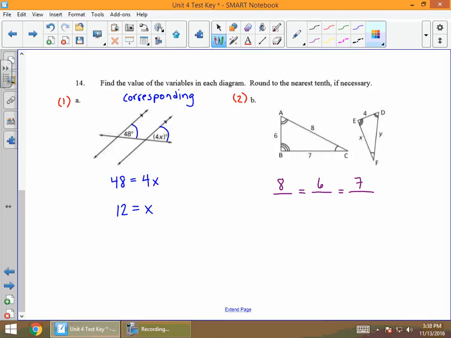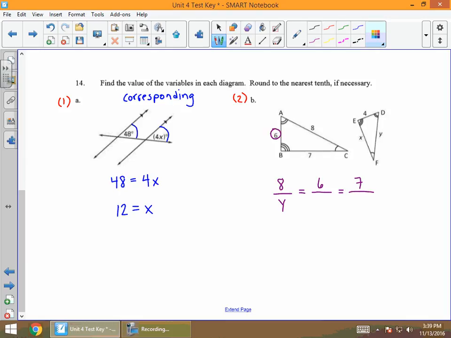And how do they match up? Well, if I look at where 8 is located, 8 falls between the A and the C. So A has a 2 mark, and C has 1 mark. So if I look over at the triangle to the right, between the 2 mark and the 1 mark, there is a Y. So 8 will go over top of Y. Okay, and now the next one is 6.